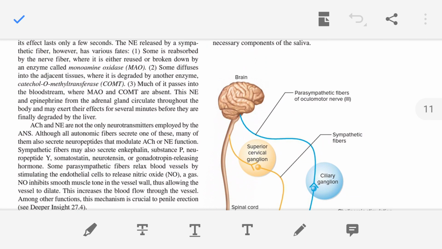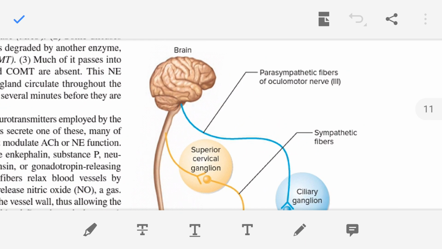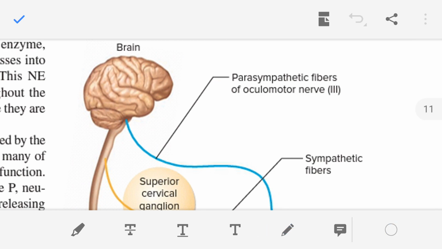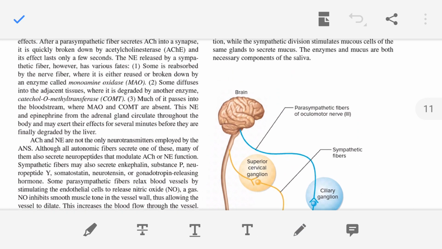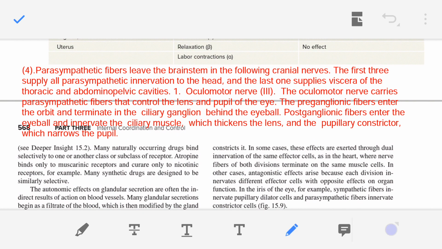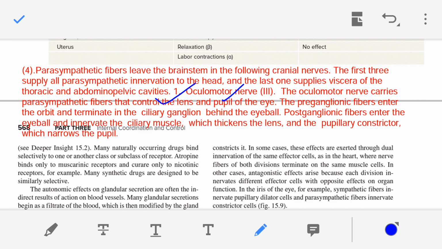In the figure, this one is the oculomotor nerve, and in this nerve parasympathetic fibers are also present. These fibers control the lens and pupil of the eye.